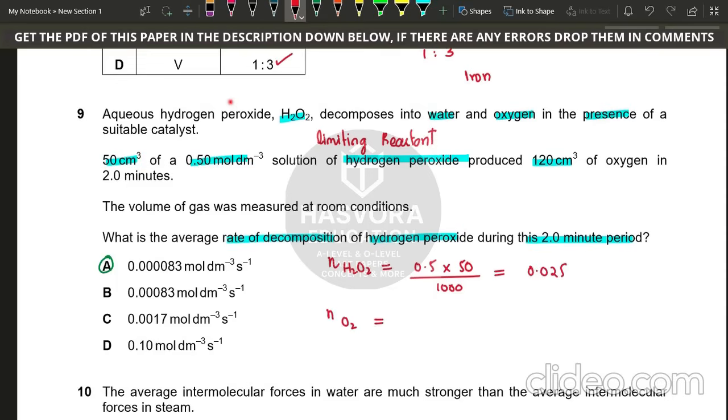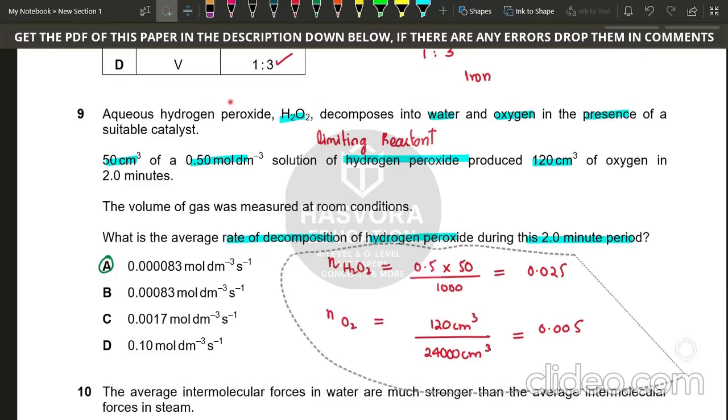We have 120 cm³. What is the volume of gas occupied by 1 mole? It is 24,000 cm³, or 24 dm³. So 120 divided by 24,000 is 0.005. Now you can clearly see that oxygen is the limiting reactant.